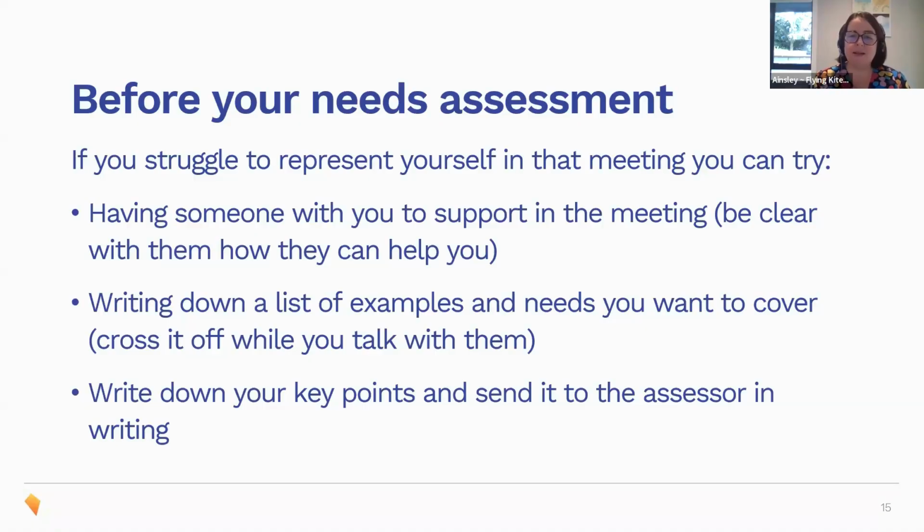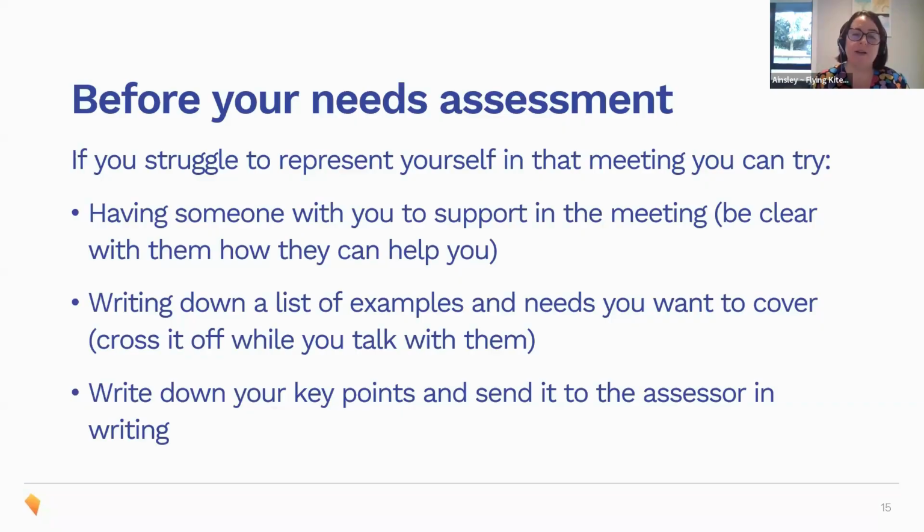Be clear with that person about how they are going to help you. Are they going to step in when you have said sometimes? Are they going to keep their own record of the conversation? Are they going to have a list that makes sure that you cover certain topics? What's their role? Give them a job to do. Most people, if they're coming to help you, want to know what's going to be most helpful.